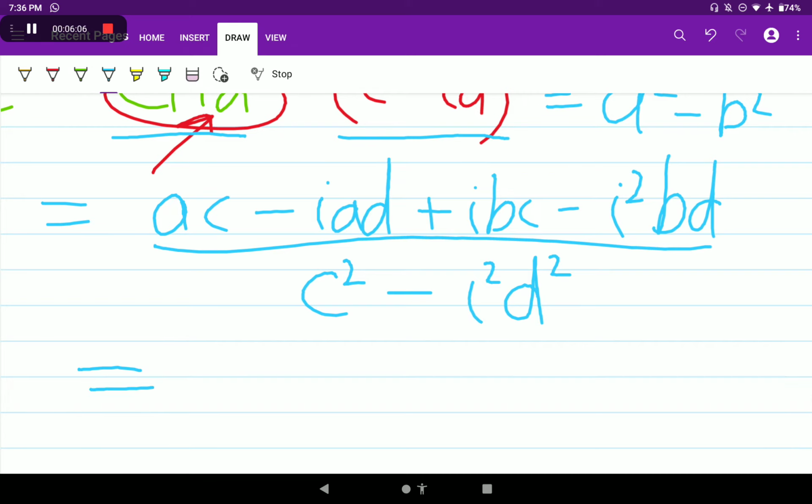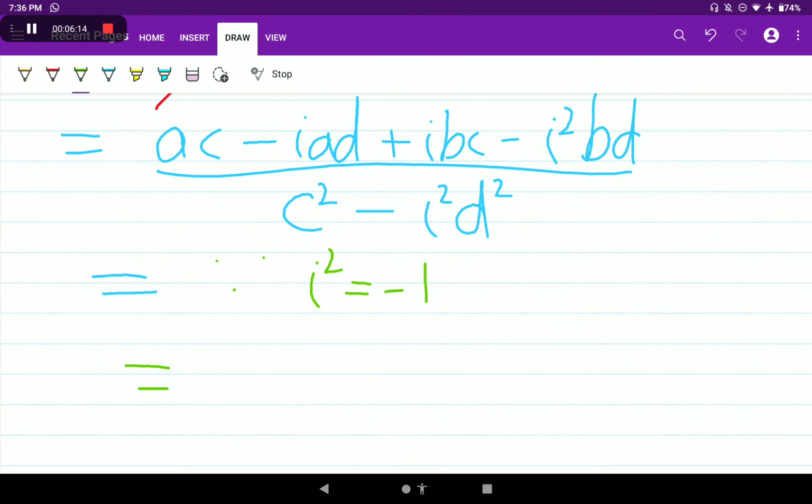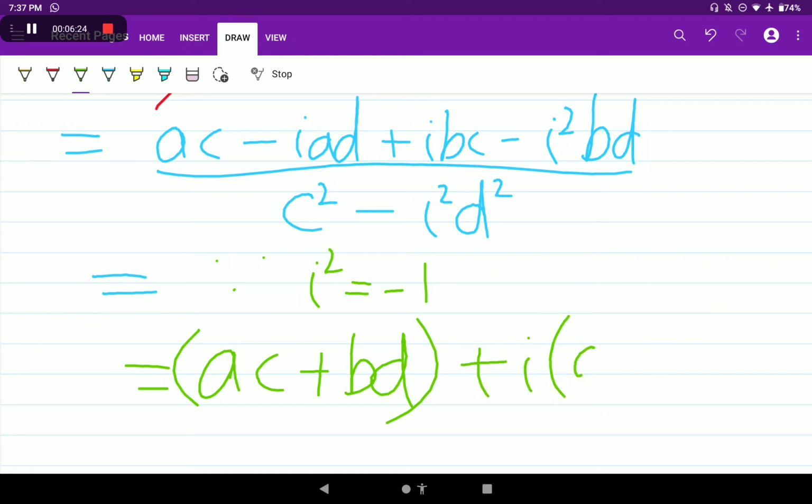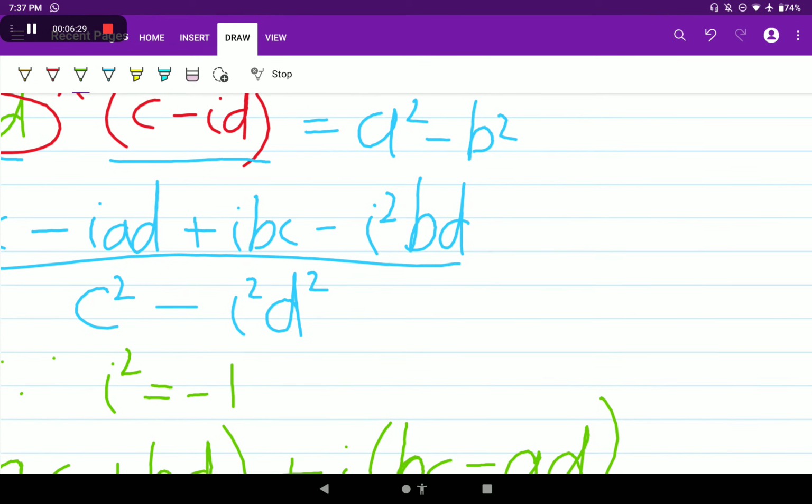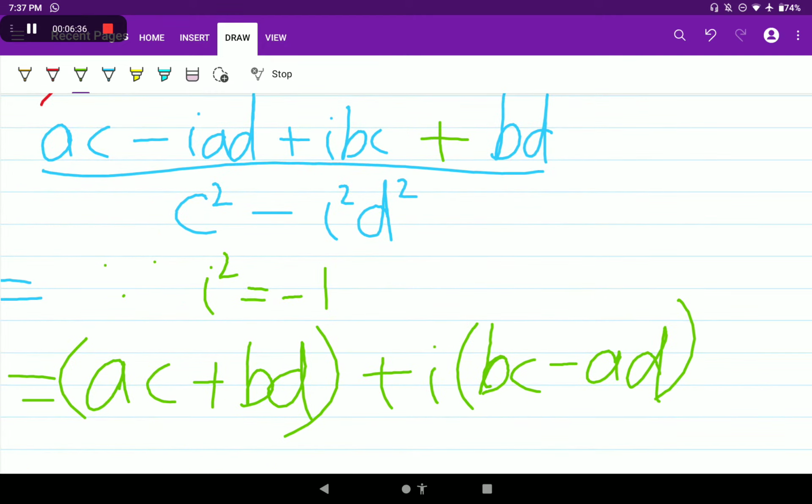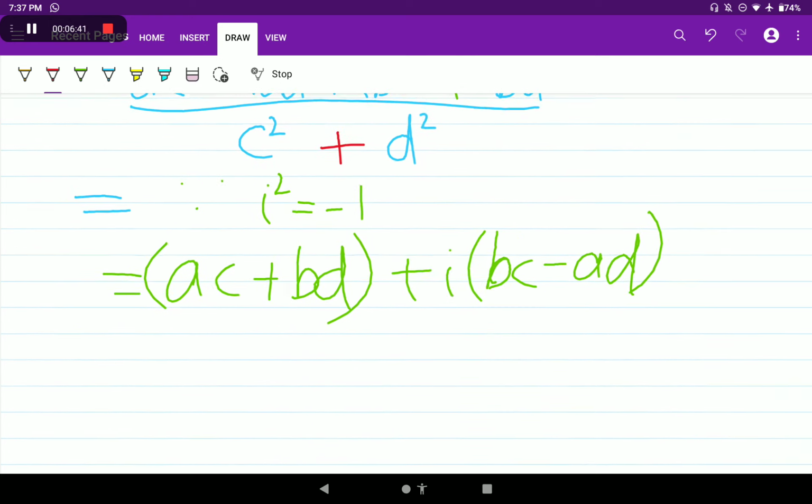Okay, now we know since iota square equals to minus 1, so our expression will be ac plus bd plus iota bc minus ad. What we did here, in place of iota square it would be minus 1, so this here would be plus, and here also this would be plus.